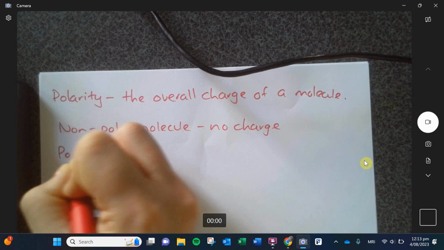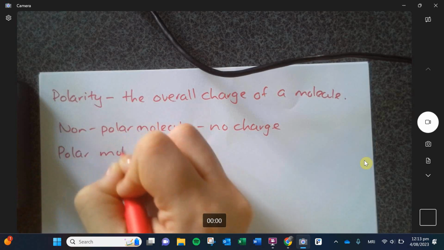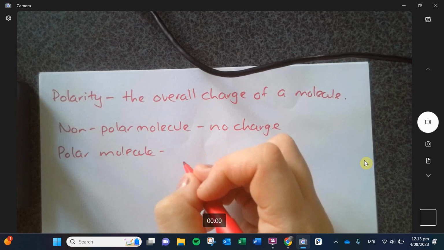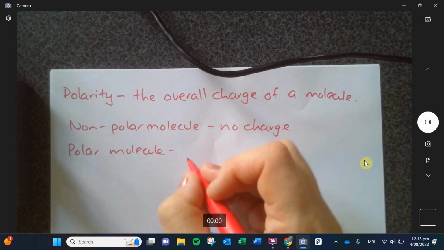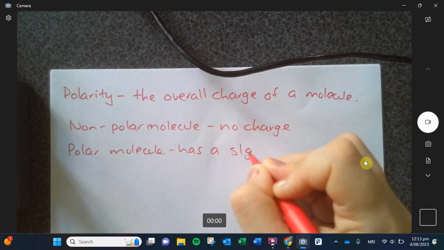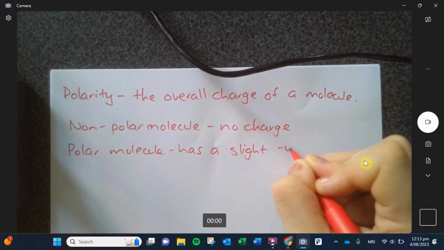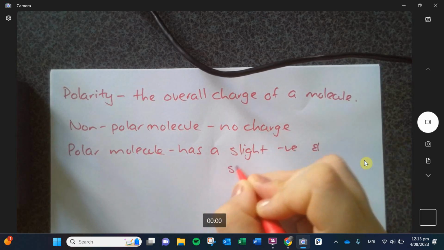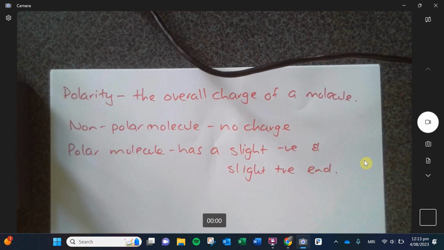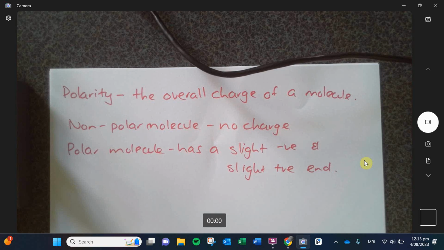And a polar molecule has a slight negative and a slight positive end. Did I spell slight right? I did.